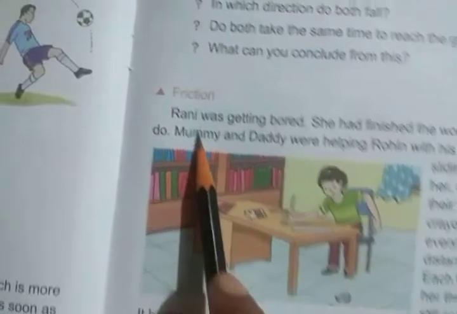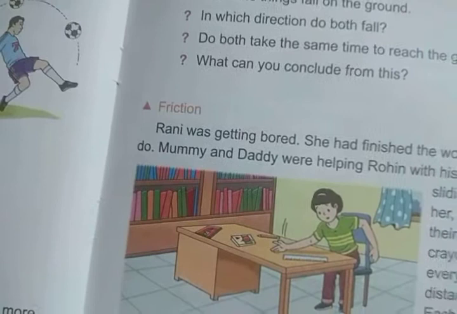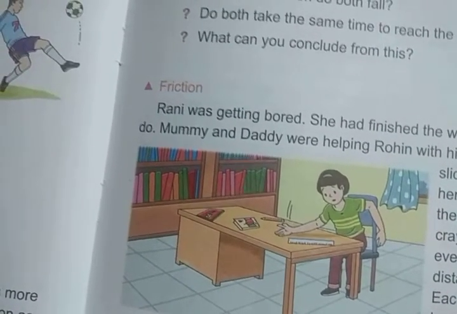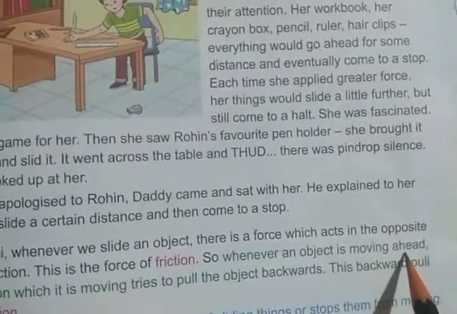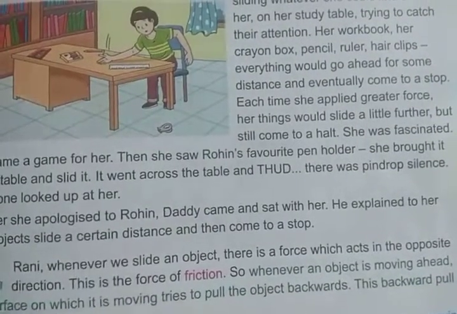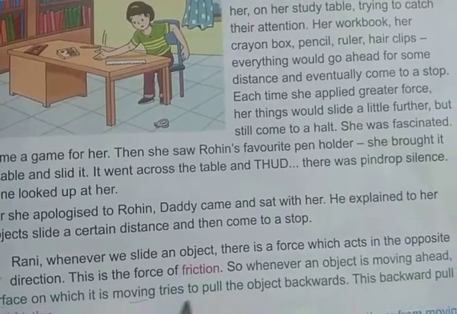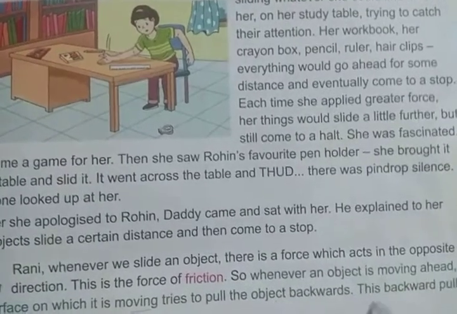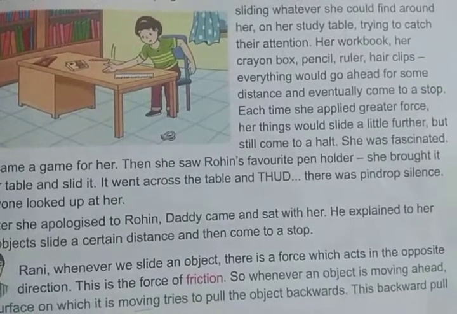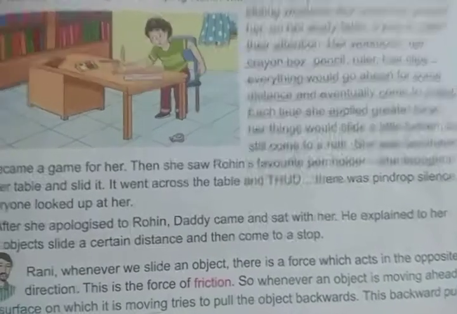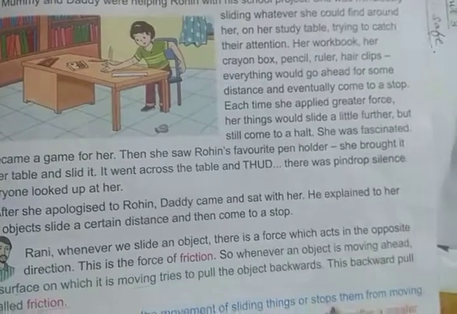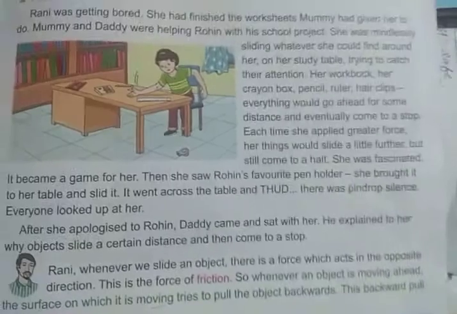Next, friction. Friction means whenever an object is moving ahead, the surface on which it is moving tries to pull the object backwards. This backward pull is called friction. Friction either slows down the movement of sliding things or stops them from moving.